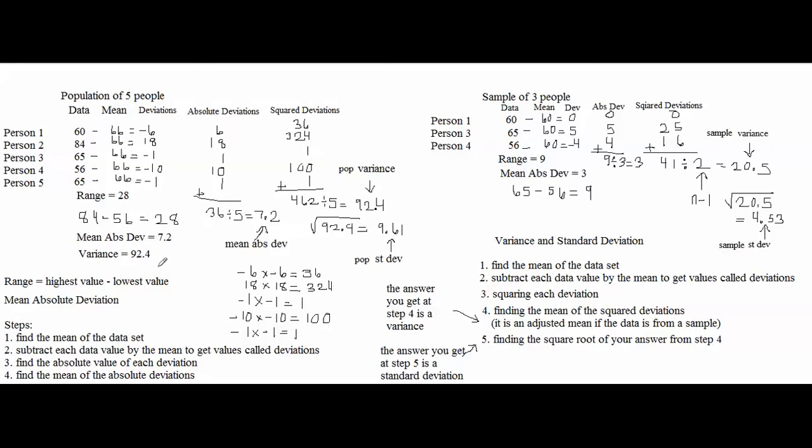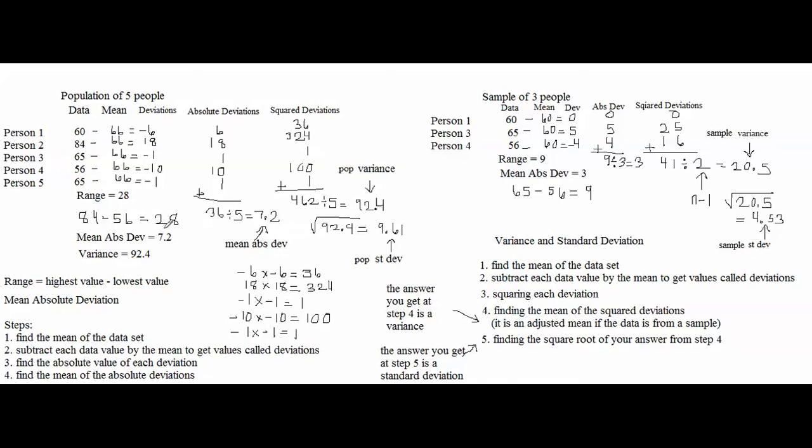The disadvantage of the variance is the squaring makes it come out to a fairly high number. And since it comes out to such a high number, it's difficult to understand what it's really showing about the data. And the mean absolute deviation and the standard deviation don't have that disadvantage, because they don't come out to such a large number.